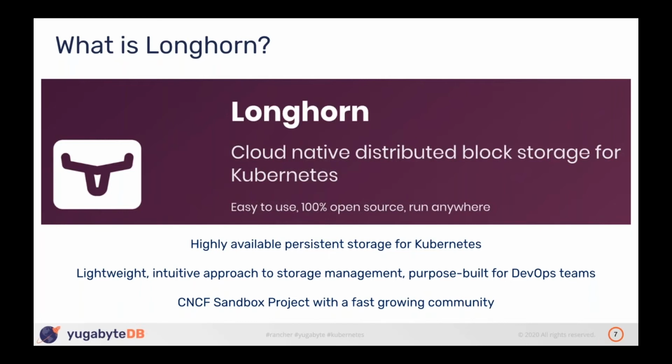The key benefit of Longhorn as compared to the likes of Rook, Ceph, and things like OpenEBS is that it's a very lightweight and intuitive approach to storage management, which has been built with DevOps teams like you in mind, as opposed to storage administrator experts who live and breathe in the storage world day in and day out. So that allows people to get started easier and deploy in various public cloud and Kubernetes form factors much more easily than some of the other technologies.